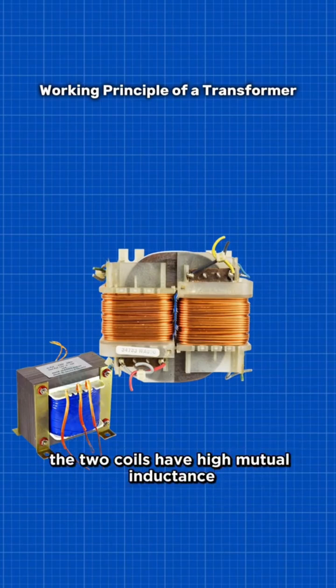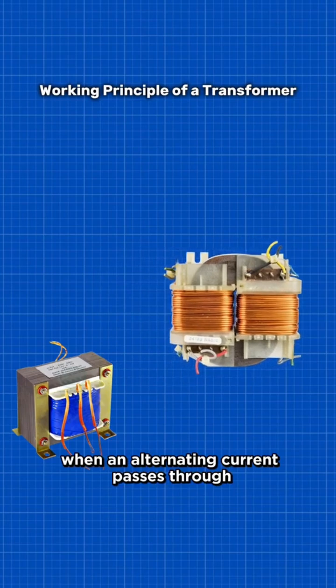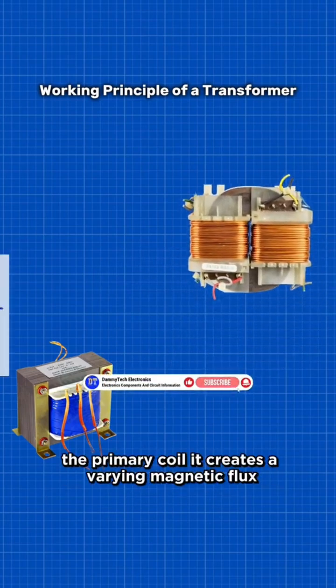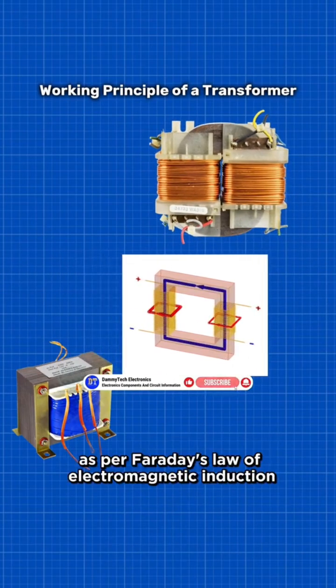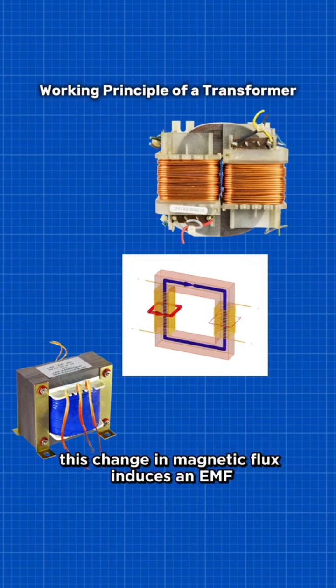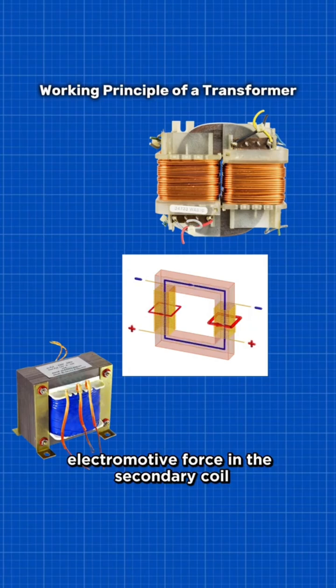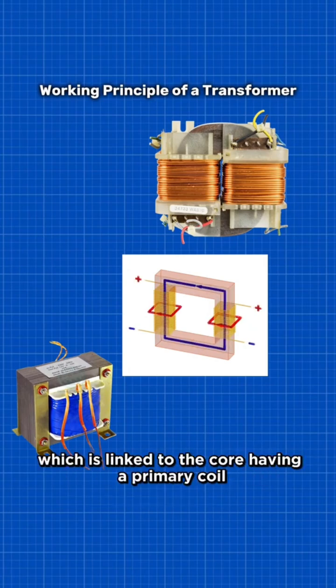The two coils have high mutual inductance. When an alternating current passes through the primary coil, it creates a varying magnetic flux. As per Faraday's law of electromagnetic induction, this change in magnetic flux induces an EMF, electromotive force, in the secondary coil, which is linked to the core having the primary coil.